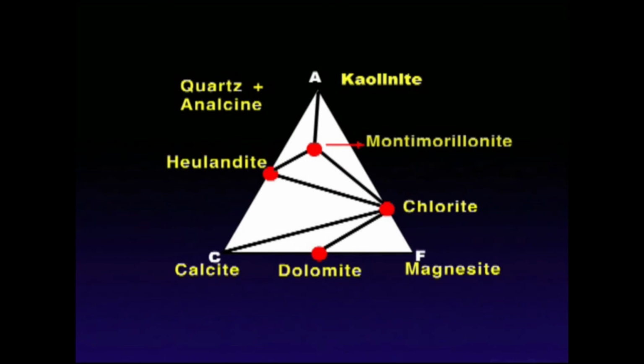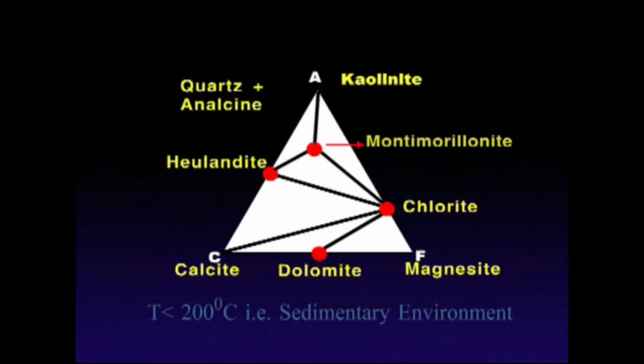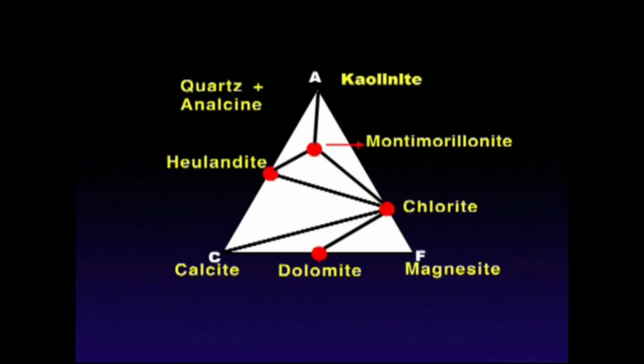As per the diagram, the A corner is occupied by kaolinite, the F corner by magnesite, and the C corner by calcite. From A to C, the different minerals during sedimentary environments include hollandite.